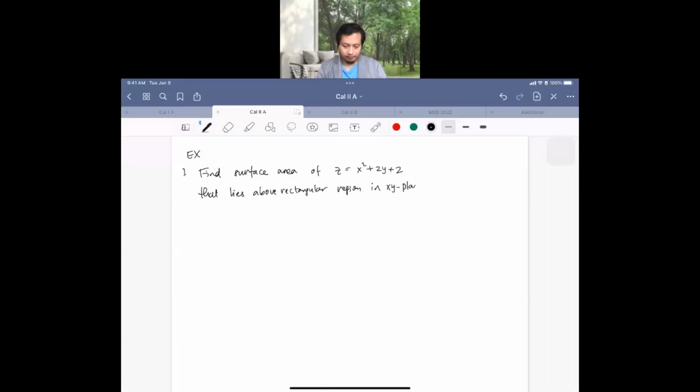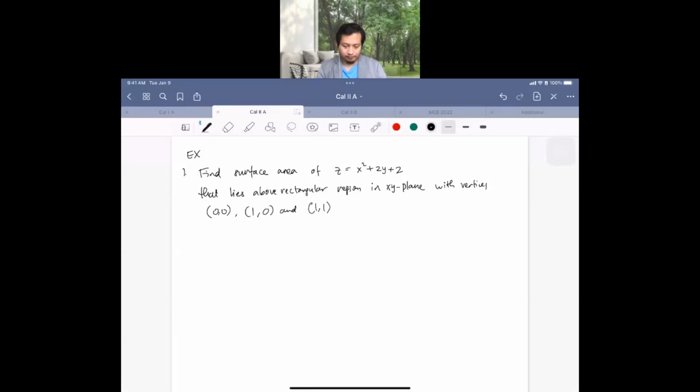This is the restriction, the rectangle with vertices (0, 0), (1, 0), and (1, 1).